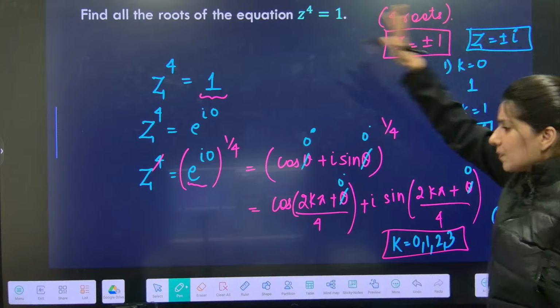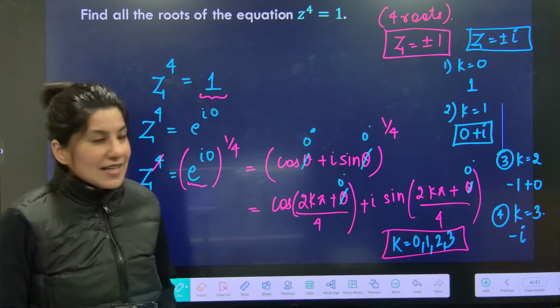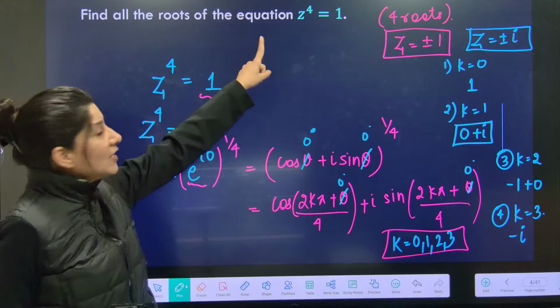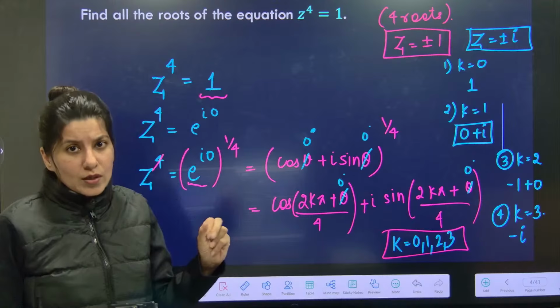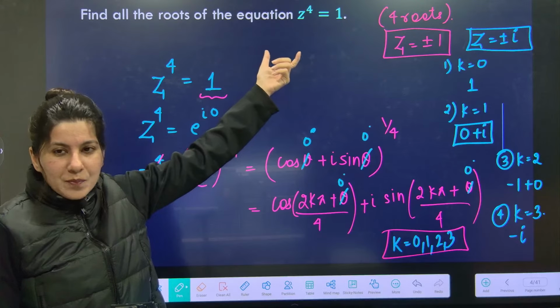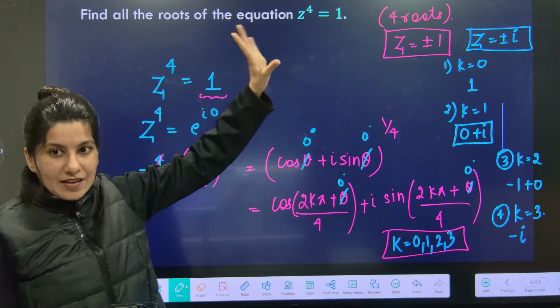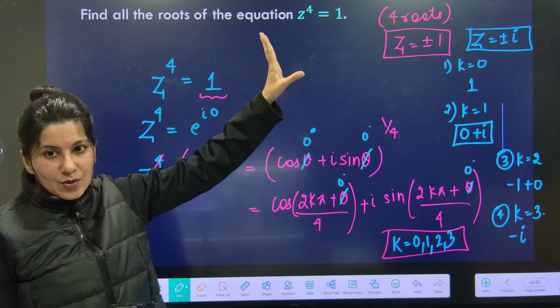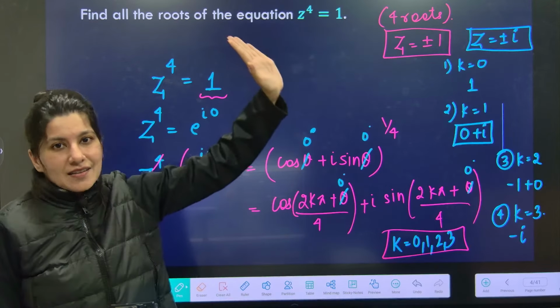And especially for this question, we don't need to apply de Moivre's theorem, because we just need 4 roots. Plus minus 1 is there, plus minus iota is also there, so we can clearly calculate the 4 roots.